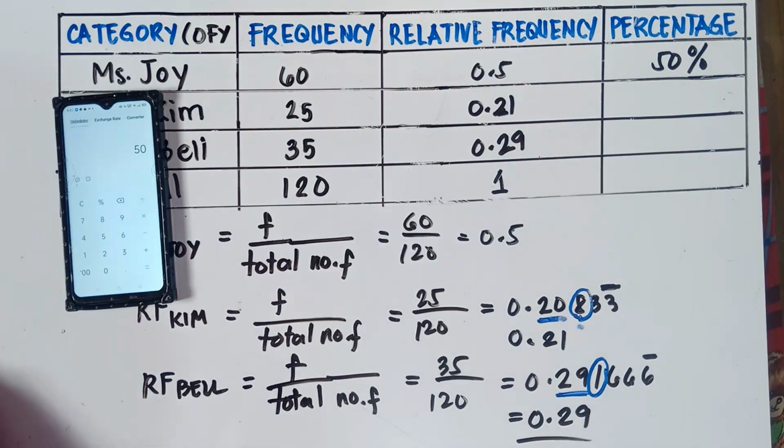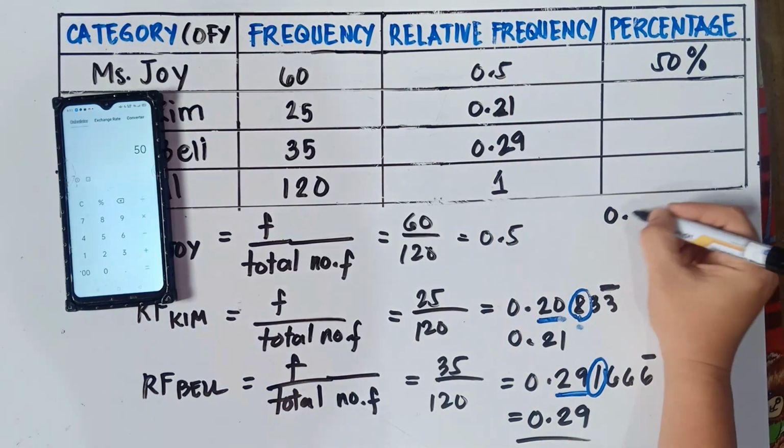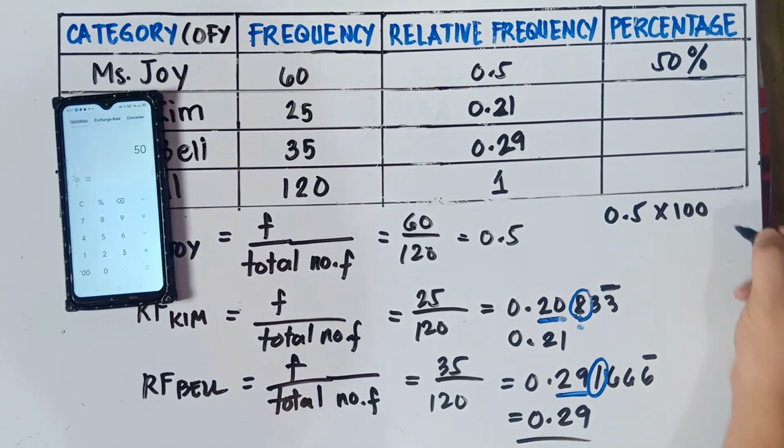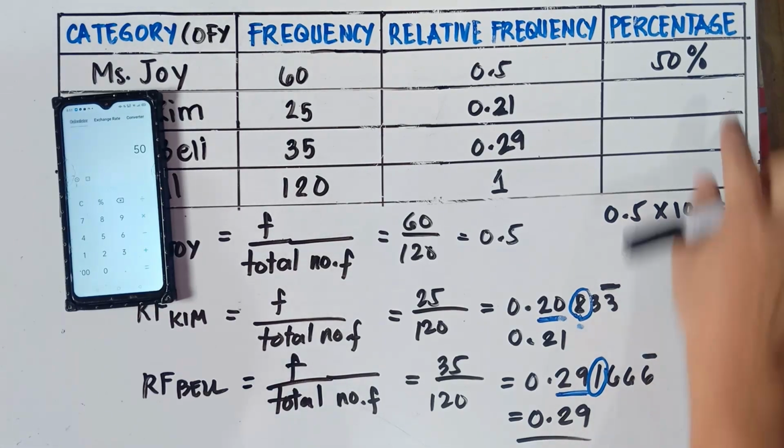So 0.5 times 100, and the answer is 50. And then do not forget the percent sign, because this is a percentage. So 50%.